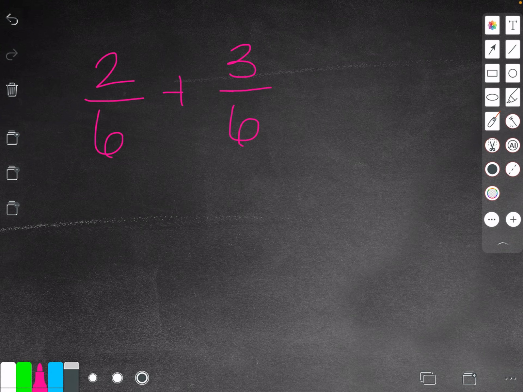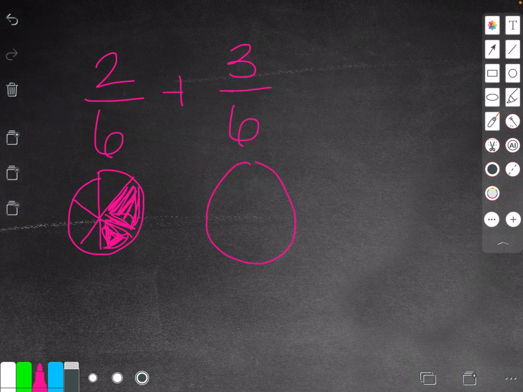When we're doing this, remember we have the same number of pieces in the whole. In this particular problem, on the left we're talking about 2 out of 6 pieces, and on the right, we're talking about 3 out of 6 pieces.